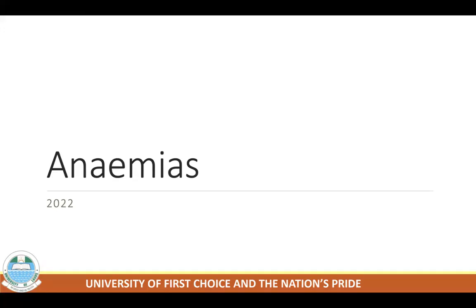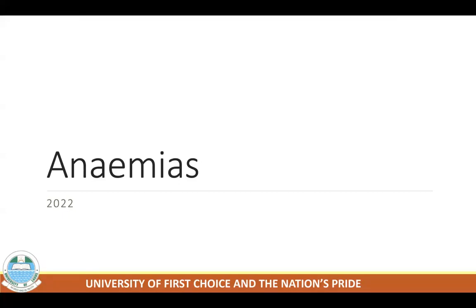This afternoon, we're going to be discussing hematological disorders. And under that topic, we're going to be taking two subtopics, anemias and sickle cell disorder. These are two very important topics since it's a feature in most of the diseases that are found in sub-Saharan Africa.